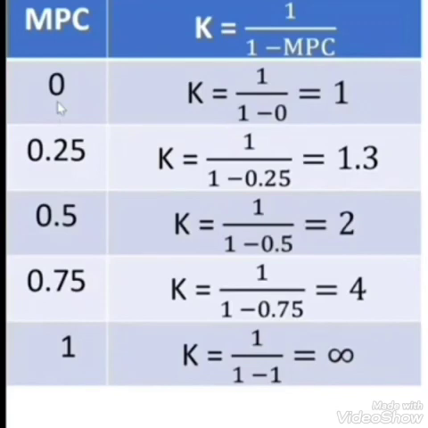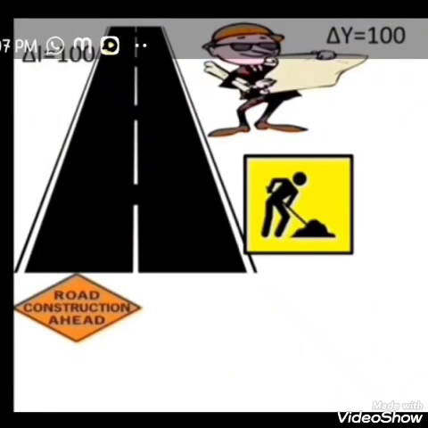Now before understanding the mechanism of the multiplier, we have to know that the income of one person is the same as the expenditure of another person. That means when we spend some amount, it becomes income for someone else. Suppose we go to the market to purchase clothes.